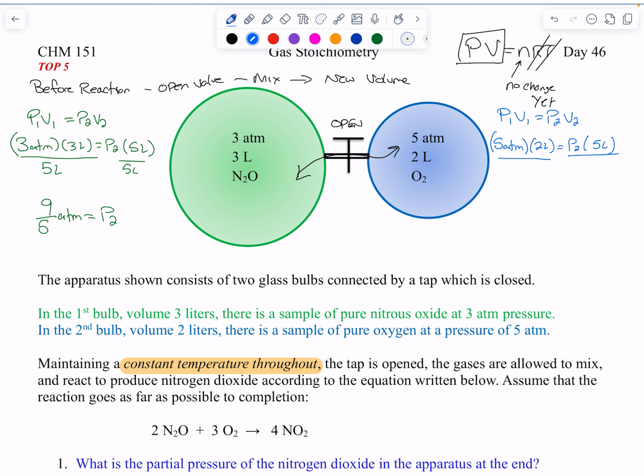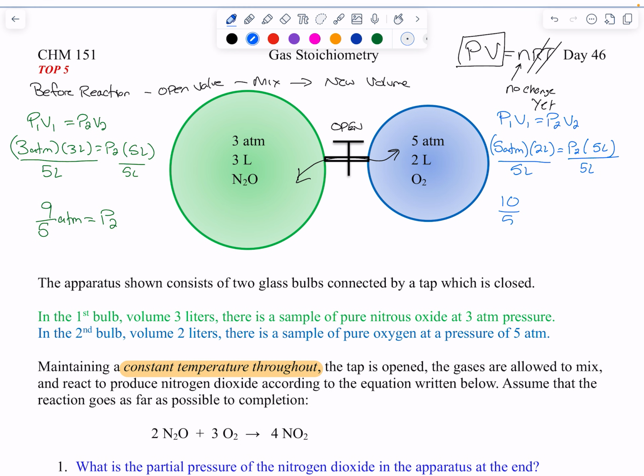So divide. So that would be 2 atmospheres, or I'm going to put down 10/5 atmospheres. It's really 2 atmospheres, right? And so if you're that way, go ahead and do that. If you want to use the whole numbers and 1.8, and so if you wanted to use 1.8 atmospheres here, you can.